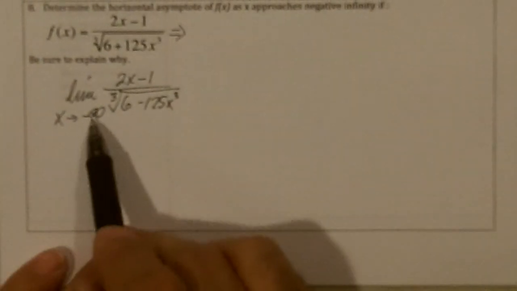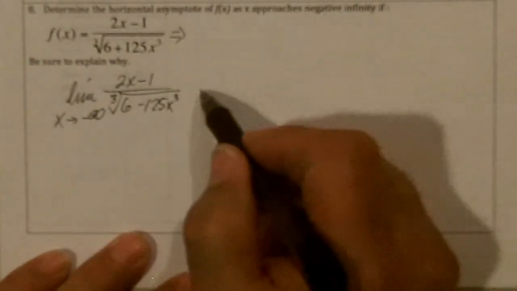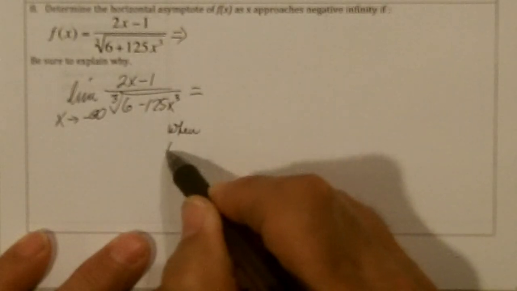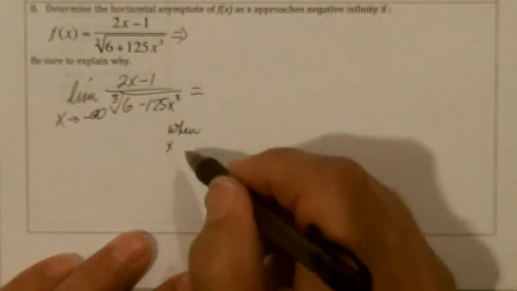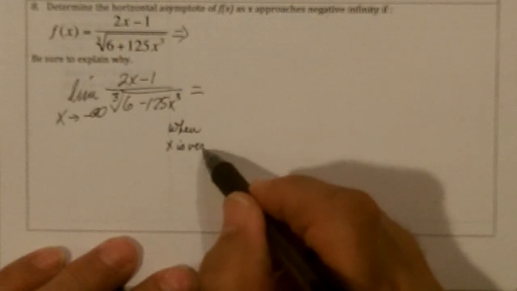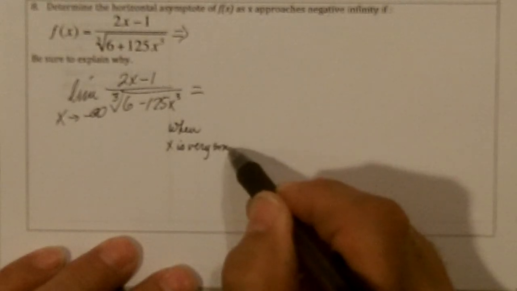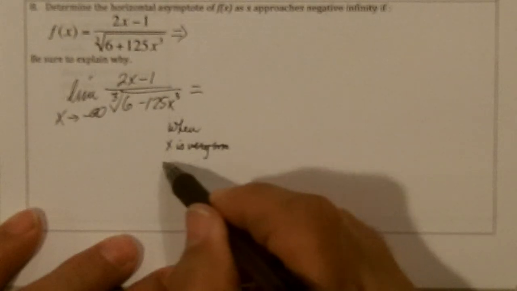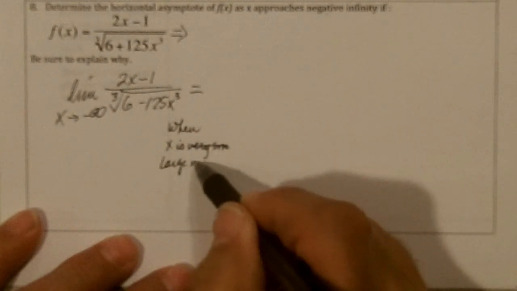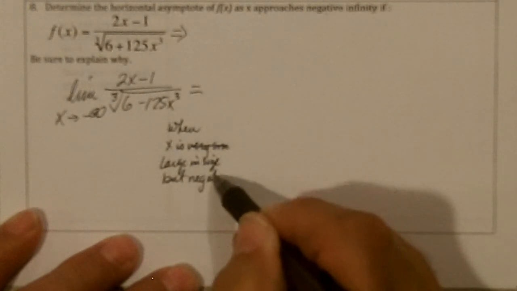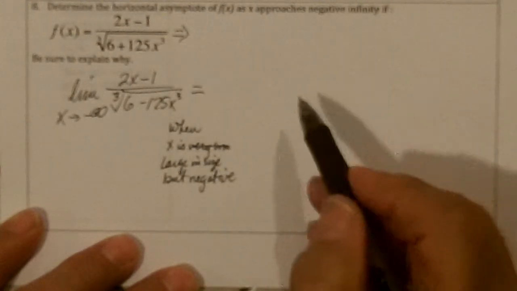Well, as x goes towards negative infinity, x is large in size but negative, which means very, very small.